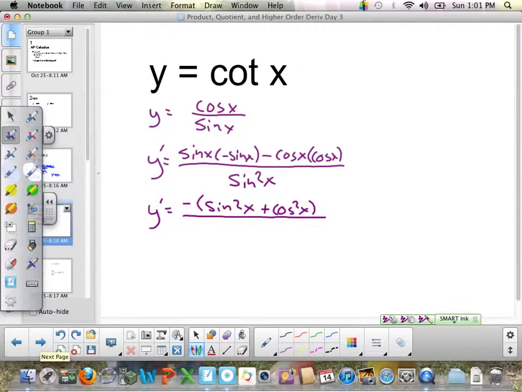And then sine squared on the bottom. Simplifying further, we see that we have the Pythagorean identity in the numerator. So that's negative 1 over the sine squared of x, which simplifies to negative cosecant squared of x. So the derivative of cotangent is negative cosecant squared of x.